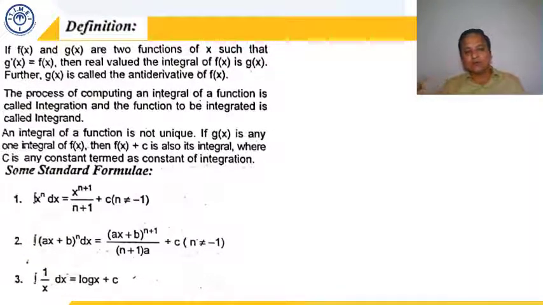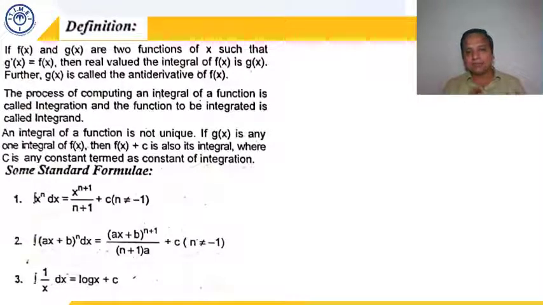Similarly, (ax plus b) to the whole power n dx can be easily integrated by treating ax plus b as x and using the formula x to the power n dx is x to the power n plus 1 divided by n plus 1, and then dividing by the differential of the term which you have taken as x, that is ax plus b, and its differential is a.